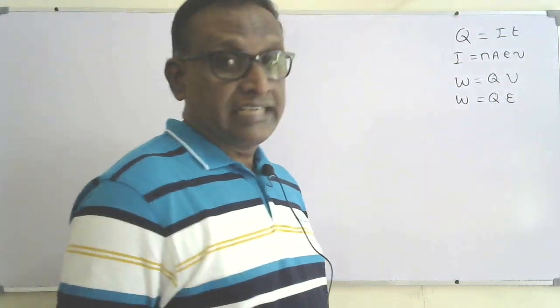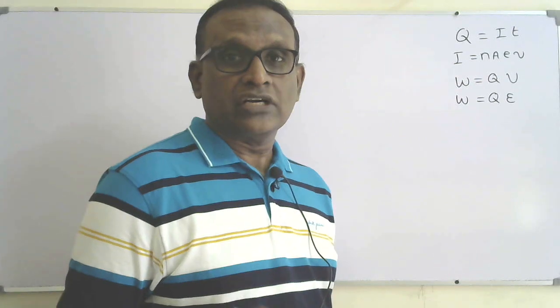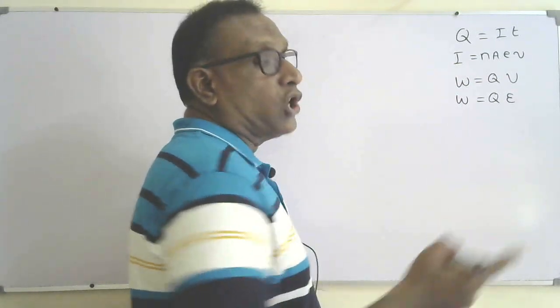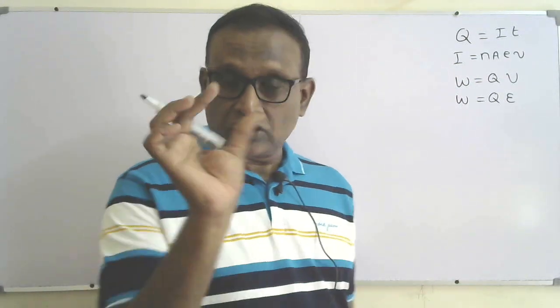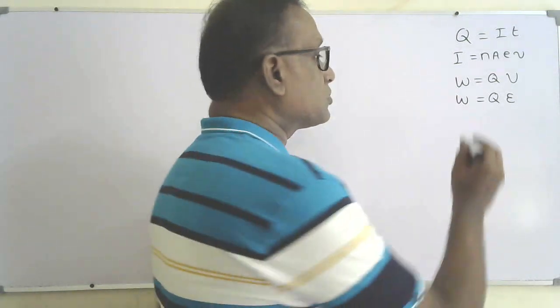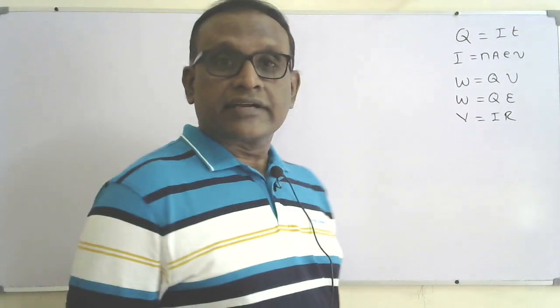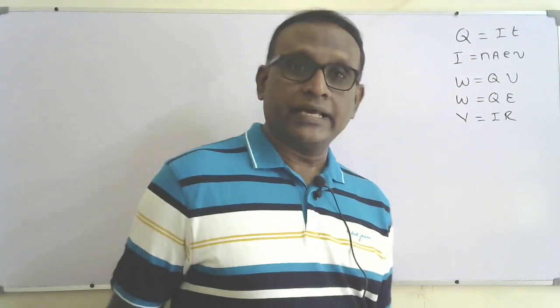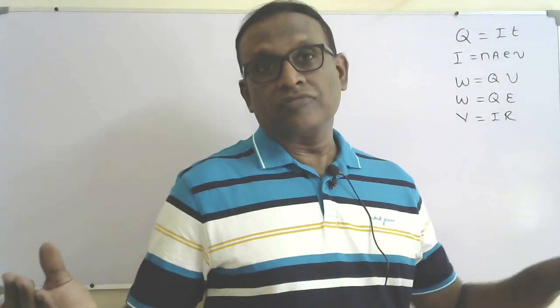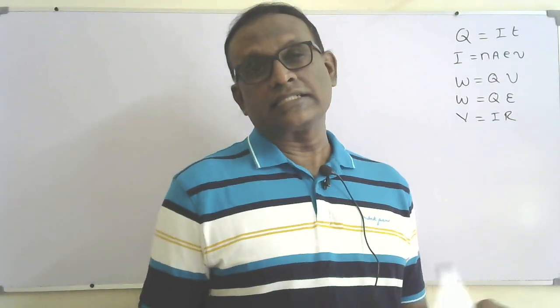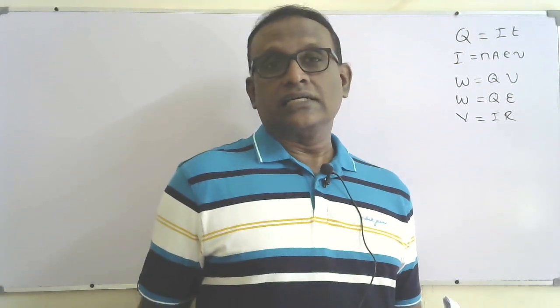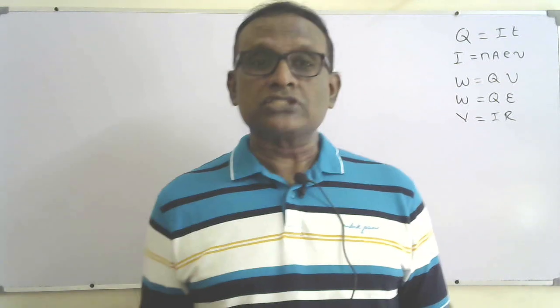Then we learned about the definition of resistance, R equal V over I. So we normally write the potential difference across the component as the subject, V equal I times R. The resistance of a wire depends on the properties of the wire.